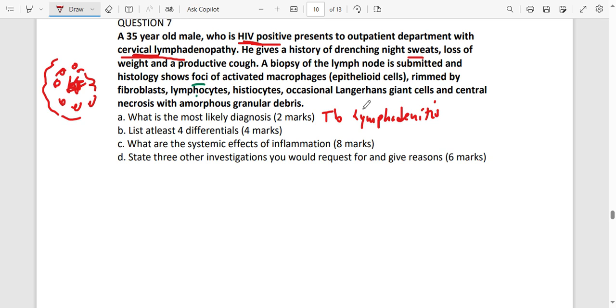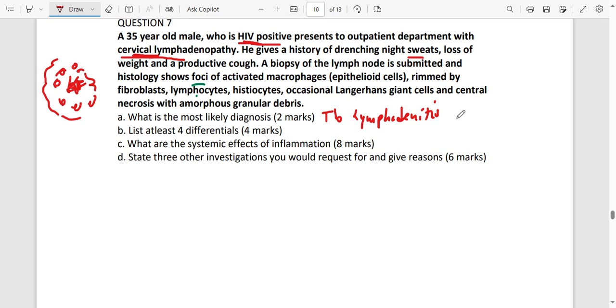Now, TB, usually Mycobacterium tuberculosis, normally affects the respiratory system. But then there's also what is referred to as extrapulmonary TB, which is when the Mycobacterium tuberculosis goes and starts affecting other regions of the body. Of those other regions besides the respiratory system, the most common is the lymph nodes.